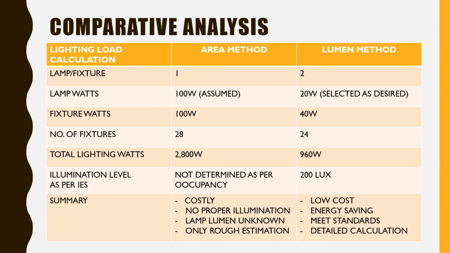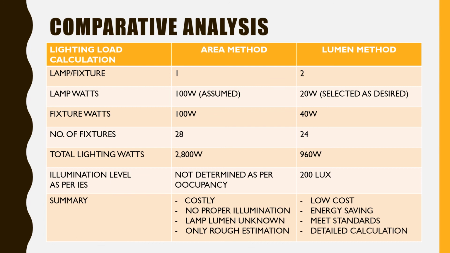So lighting load calculation. Let us compare between the area method and the lumen method. So lamp per fixture: in the area method, we have one lamp in one fixture. In our lumen method, we have two lamps in the same fixture.